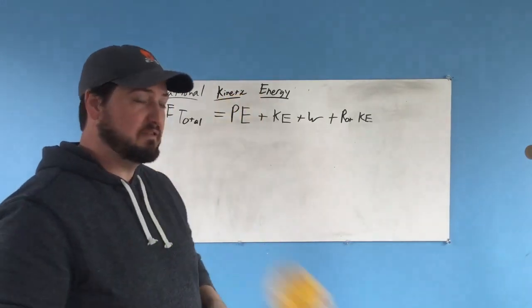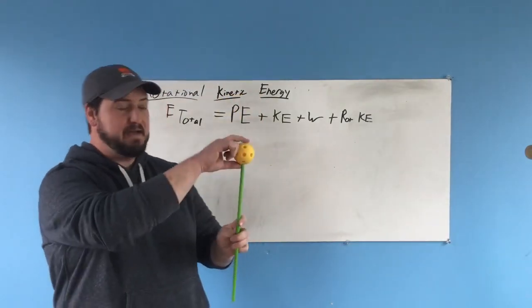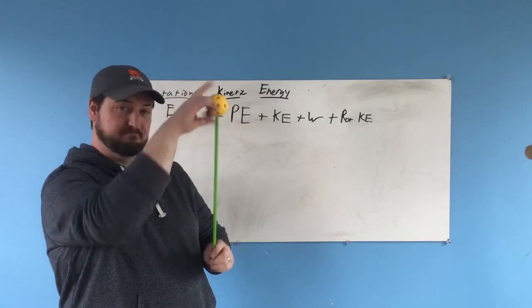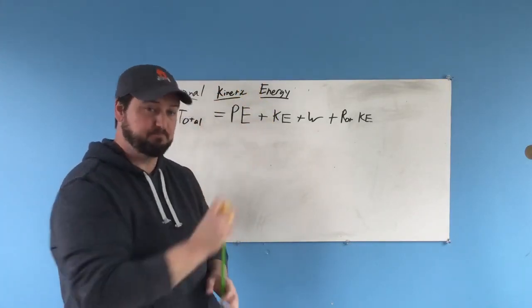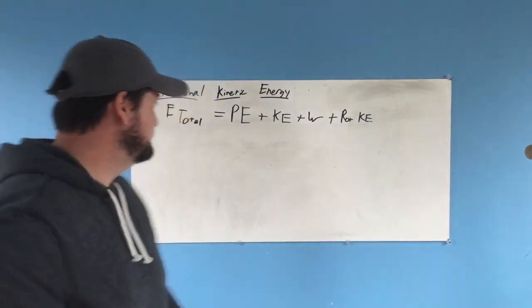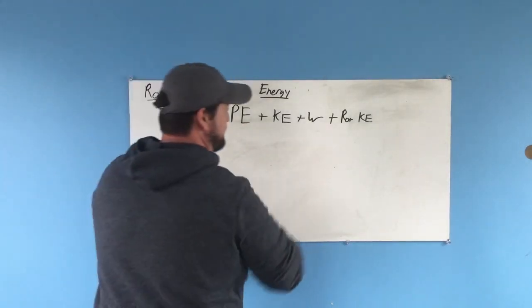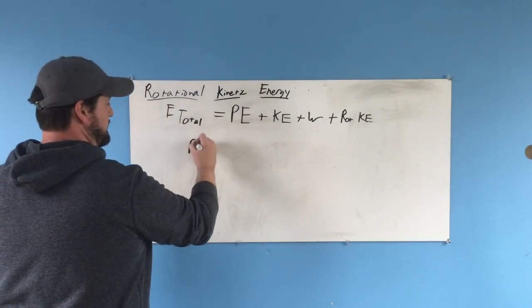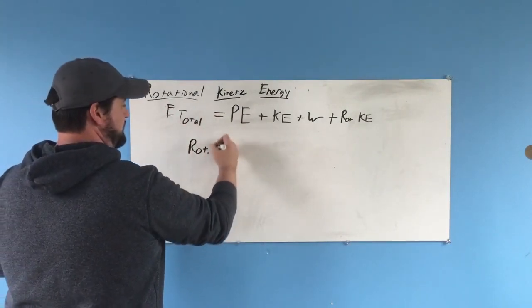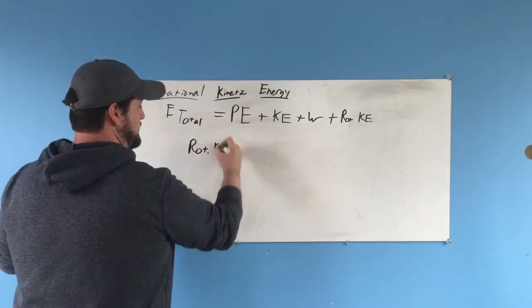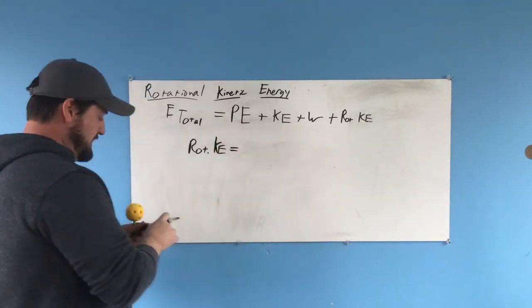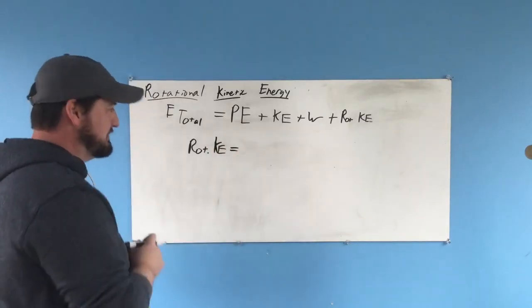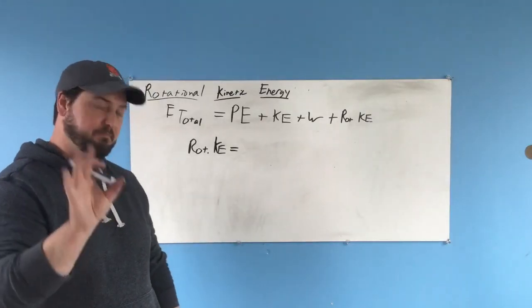But as we found out with torque, that mass also has something going on with the radius, the distance away from the center point. So for rotational kinetic energy, we're only talking about the rotational part of kinetic energy. Let me back up.